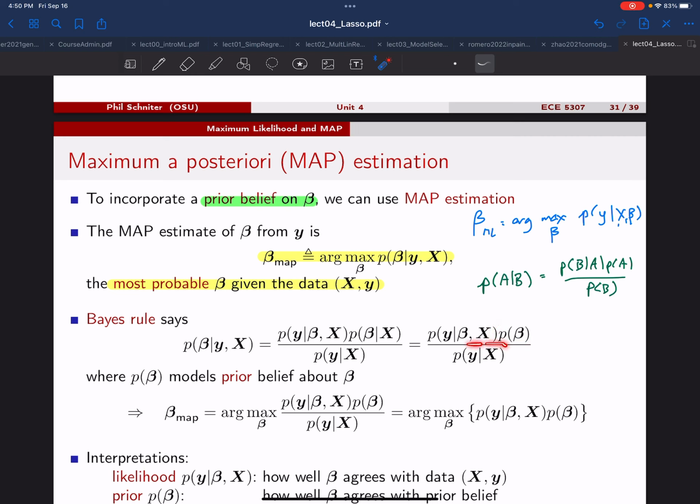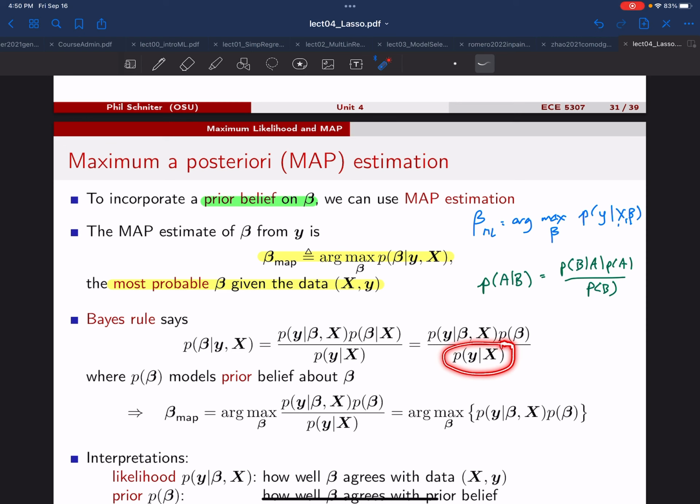And it turns out that this thing on the bottom doesn't really bother us, because what we want to do is maximize this probability of beta given x and y. We want to maximize that over beta. If I think about that as maximizing over beta, the denominator is just some scale factor that scales everything. It doesn't affect finding the optimal beta.